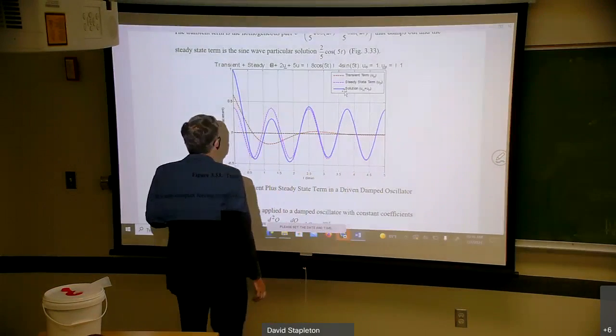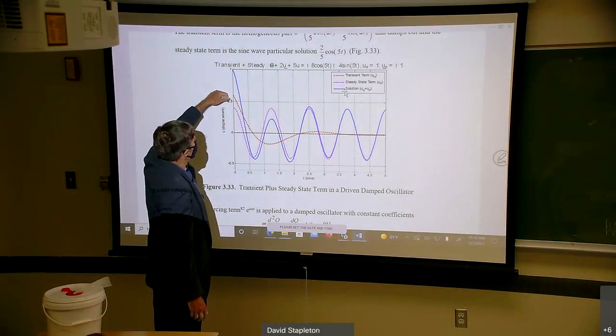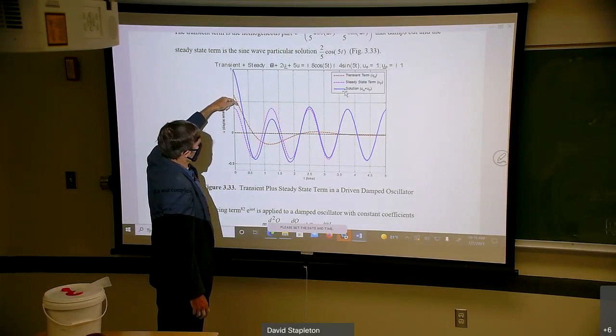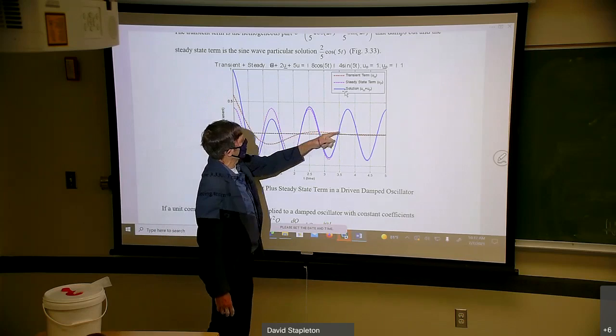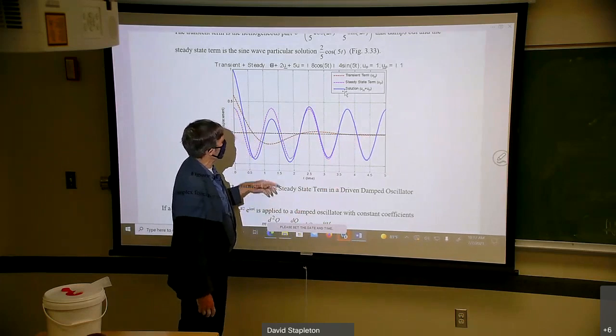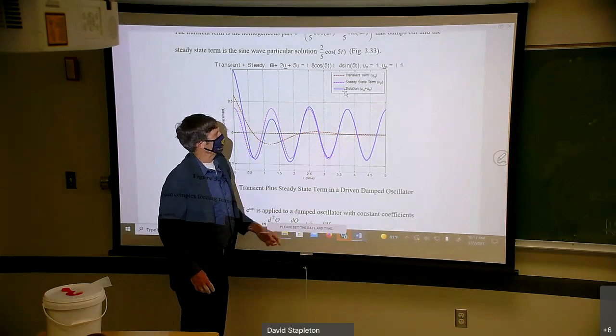Like in the underdamped case, this would be underdamped motion, right? If we had no driving force, but we were underdamping our shock absorbers, the car would bounce up and down, and it would settle down to the equilibrium position.